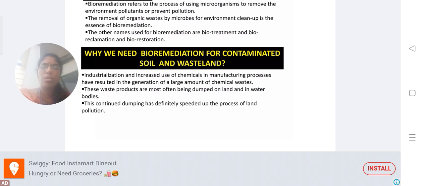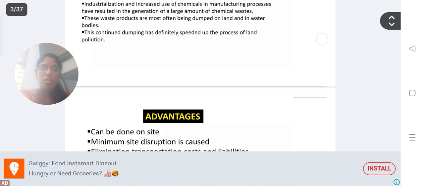So that's why we need to remove the waste from the water. This continued dumping has definitely speeded up the process of land pollution. To stop the dumping process, we need to use remedial measures. Among those, bioremediation is one of the techniques.